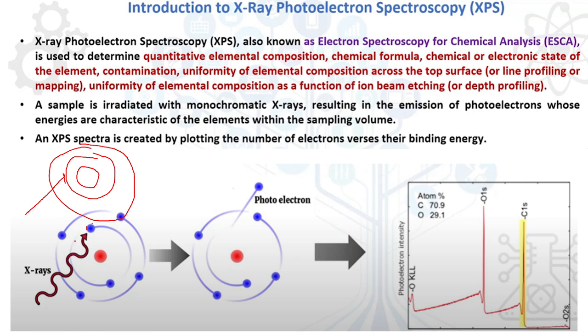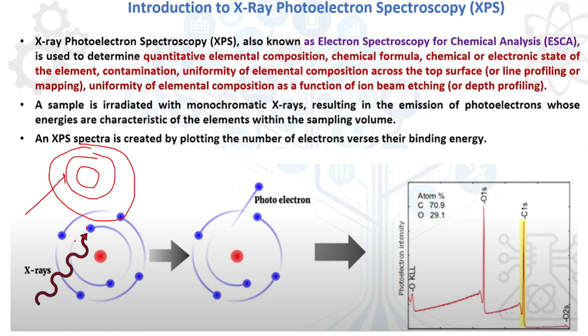So from there you can say what the composition of your metals is, or whether it is forming the complex or not. If it is not interacting, the binding energy will not change. That is very important for XPS, and that's why, like NMR, we can assure whether something is happening chemically or not. That's why it is important.